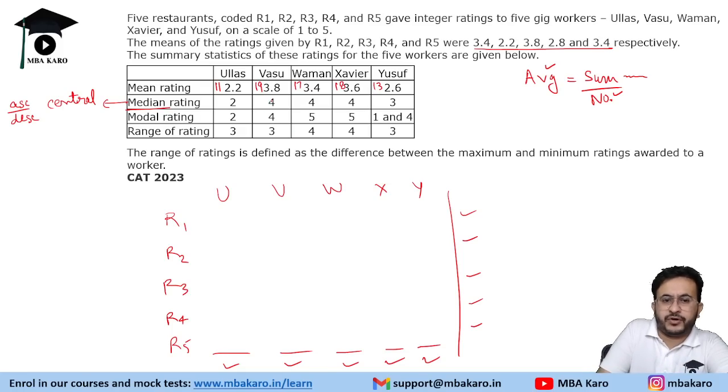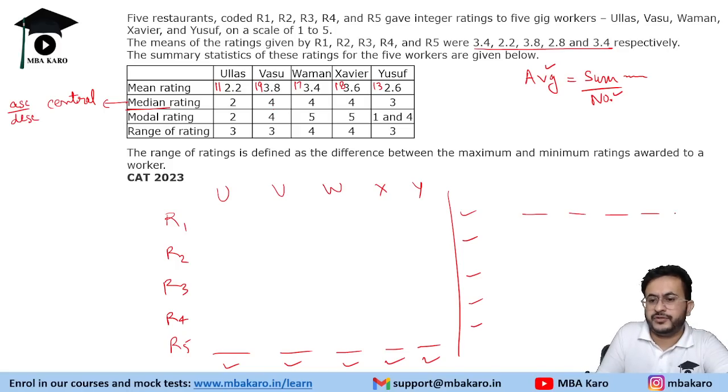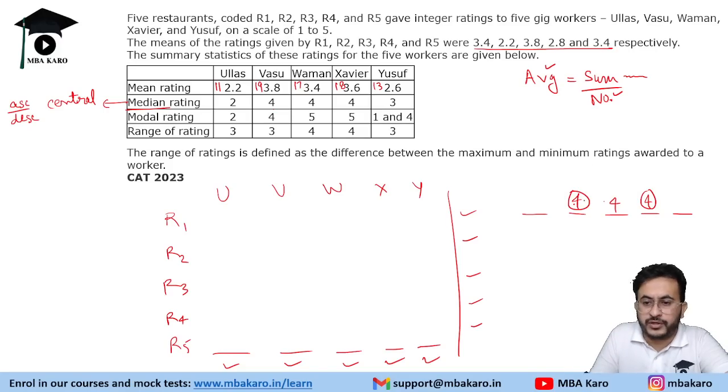So Vasu had got a median rating of 4 and his total is 19 in 5 ratings. So 1, 2, 3, 4, 5. That means the third value is 4. Now it does not mean that this has to be less than 4 and this has to be greater than 4. It is possible that this can also be 4, this can also be 4, but this value is definitely 4.